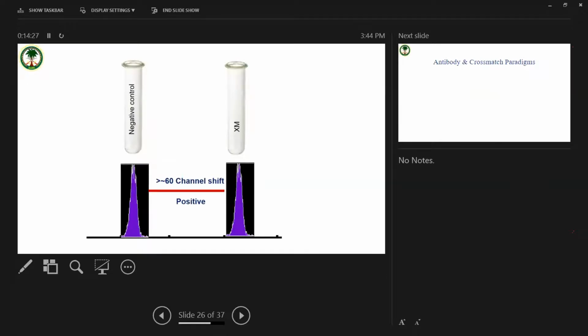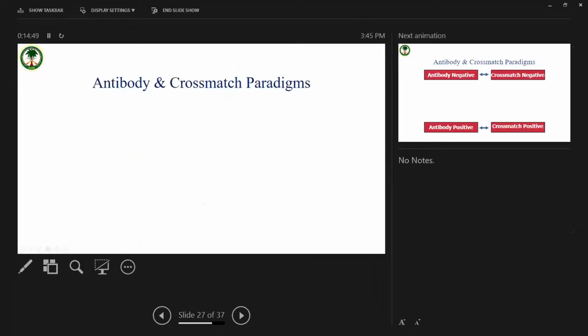And that needs to be standardized very, very well and carefully, because our clinicians solely depend on what we say. And usually we, as human beings, do believe in these numbers, how far it is, like 60 channel shift, 100 channel shift. And I think when giving an interpretation for more than 200 channel shift, the clinician should be very, very careful considering that.